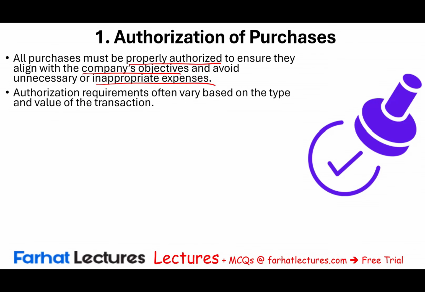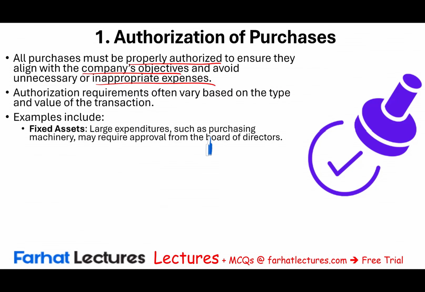So the authorization requirement varies depending on what we are buying and the value of the transaction. But let's just take a look at some examples. For example, companies might buy fixed assets like capital expenditures: buildings, warehouses, trucks, vehicles. Well, large expenditures like machinery may require approval from the board of directors.